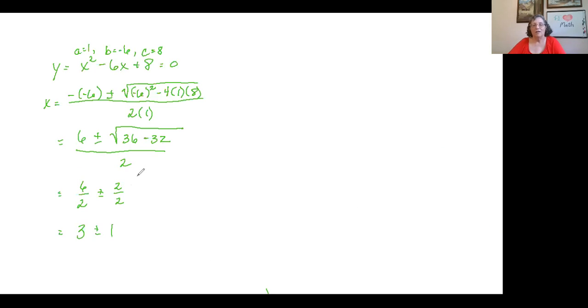Here's the point I'm trying to make. This, simplified, leaving it in the form of the quadratic equation, is going to be x equals -b over 2a, plus or minus the square root of b squared minus 4ac over 2a.